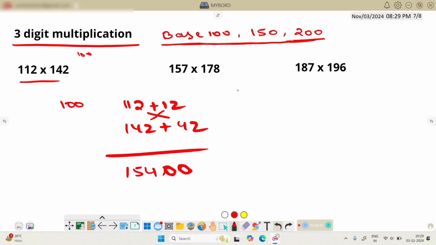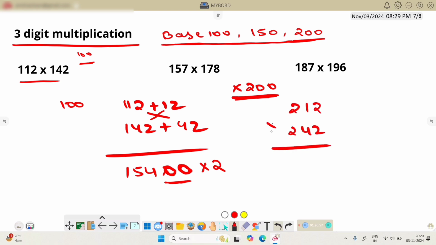What if the base is 200? Here the base is 100, so we put two zeros. If we take base 200, what should we do? You just simply multiply by 2. Suppose the numbers are 212 and 242.